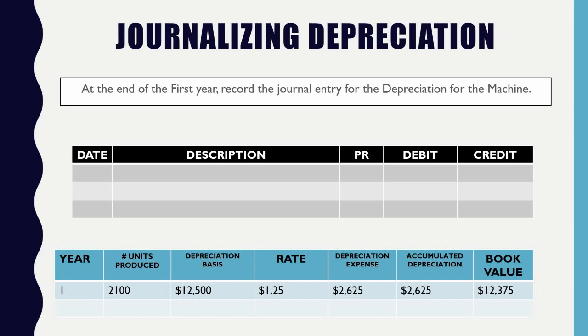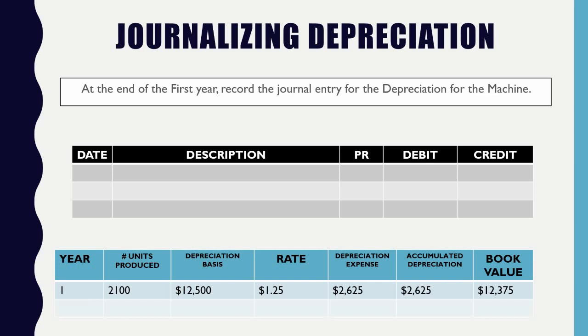An expense is something that you used, something that you spent, something that you got rid of, or something that you need to incur in order to operate your business. In this case, we need to find a way to recognize that we used our asset. So you will be looking at depreciation expense.